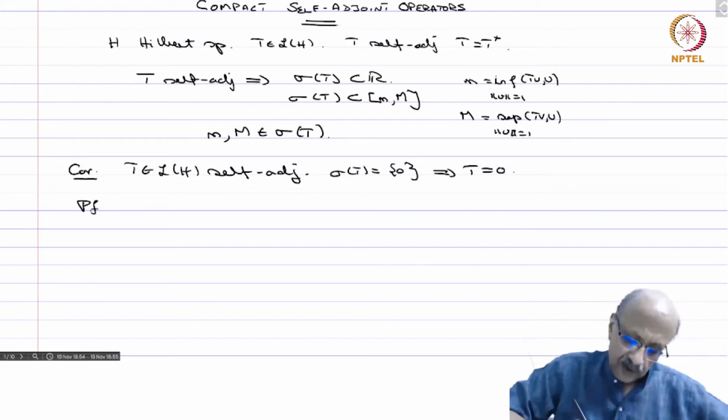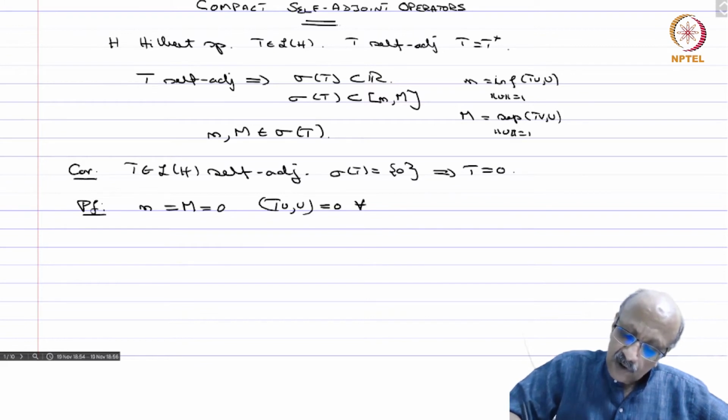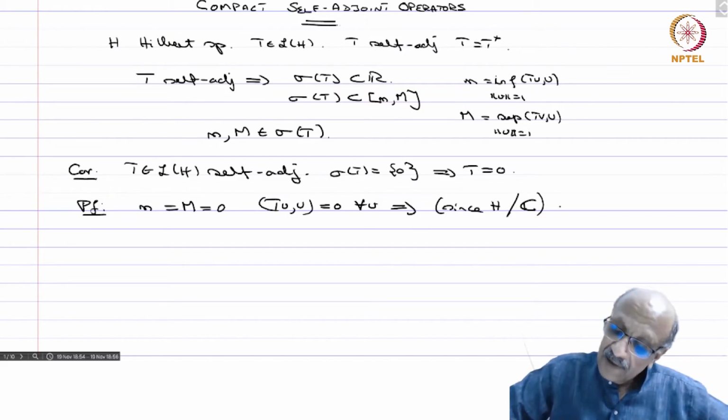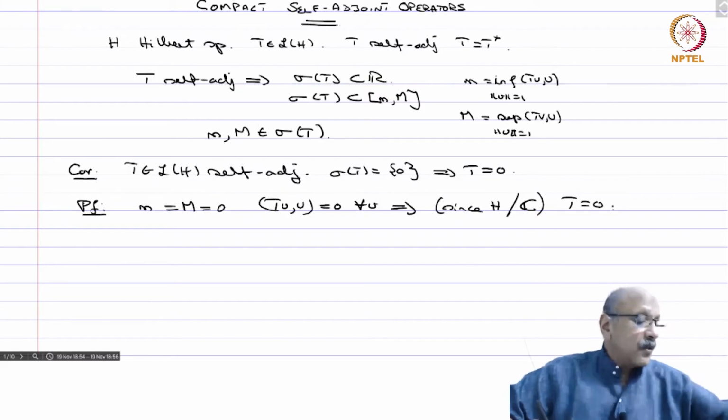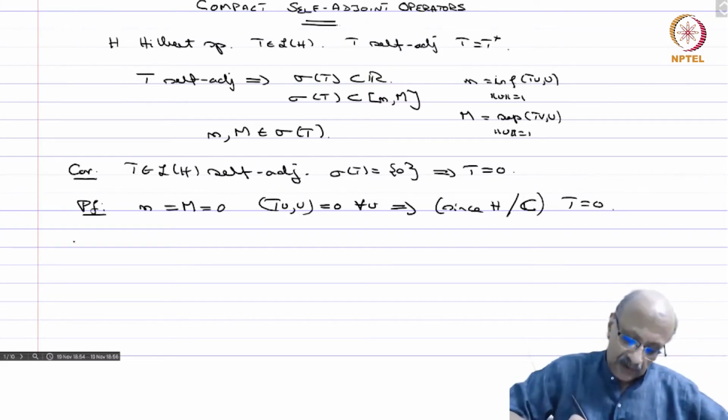So proof, we saw that, if sigma(T) is 0, that means m equals capital M equal to 0, and therefore you have that (Tv, v) equal to 0 for all v, and this implies, since H is over the complex numbers, we saw that it's not true for the reals, T equal to 0. Okay, so this we have. So with that observation, we have the following important theorem.